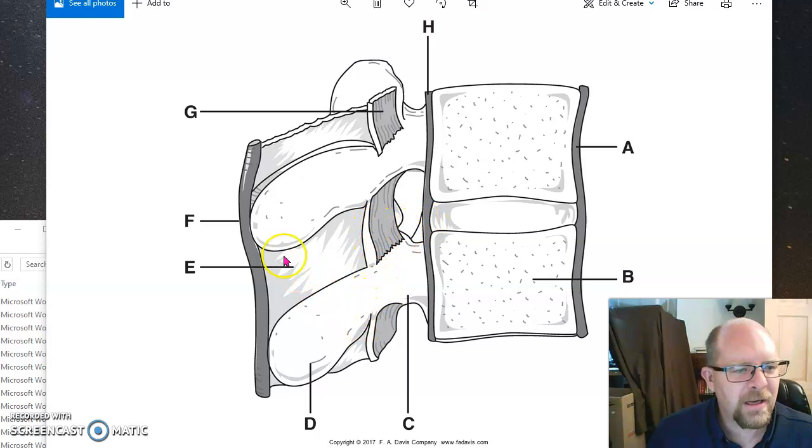If we look at F, F is the supraspinal ligament. E is the interspinal, so inter, I-N-T-E-R, between. And then G represents the ligamentum flavum.